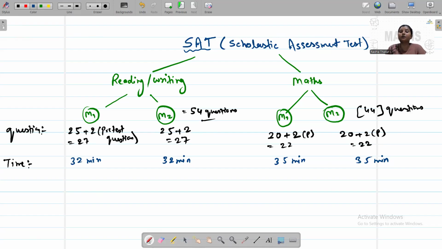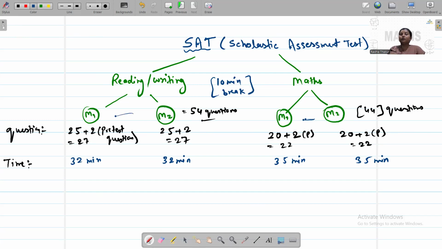So now what is the total timing? And also the important thing is what? You will get a 10 minute break between the reading, writing and the math section. But you will not get any break between the sub-modules of reading and writing. All right.